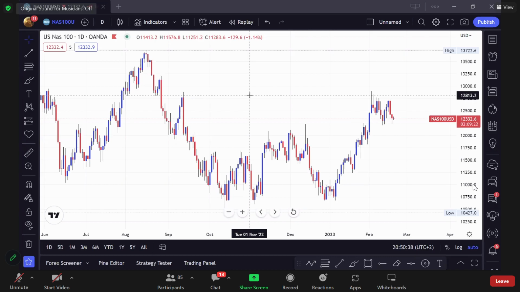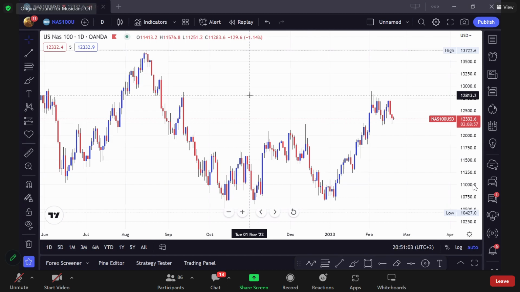One of the clues that helps us anticipate the change of character is a change of behavior within the trend, within the trading range. Now, this is going to make more sense to you, and it's going to help you identify it a lot easier if you understand this.